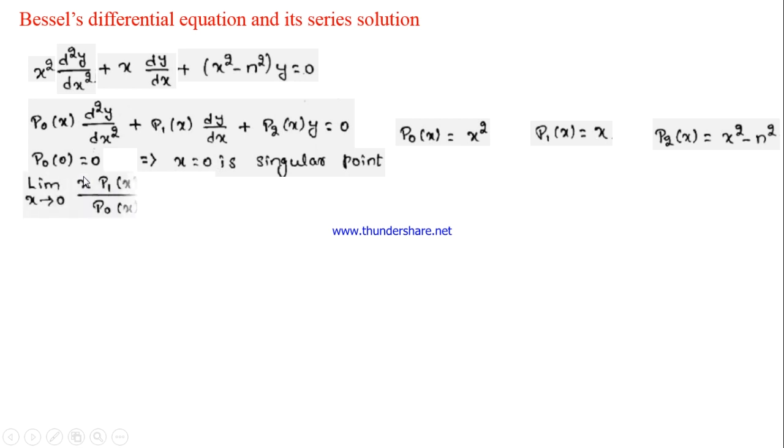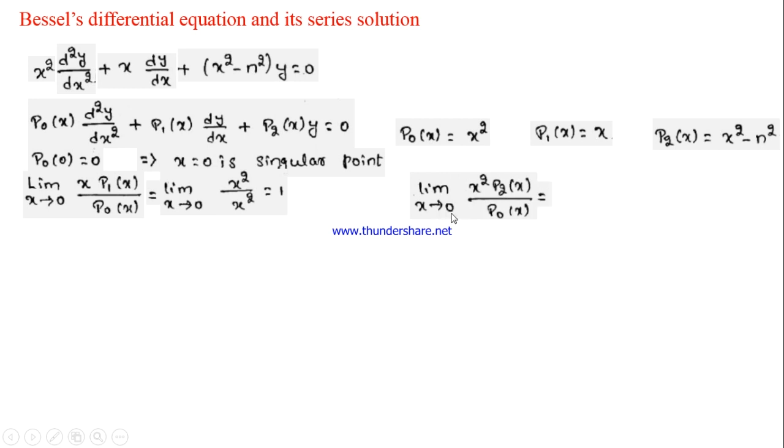For that, let me consider limit x tends to 0, x P1 of x divided by P0 of x, which means it is x square by x square, that becomes 1. So the value of this limit is 1. And limit x tends to 0, x square P2 of x by P0 of x.